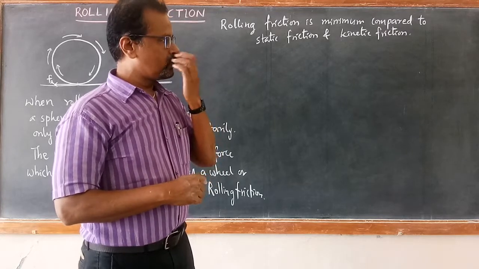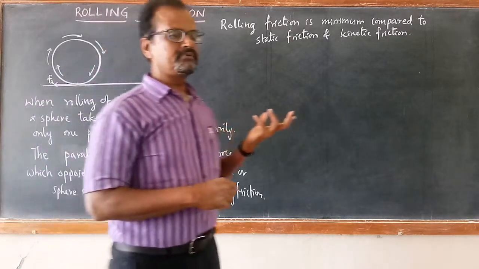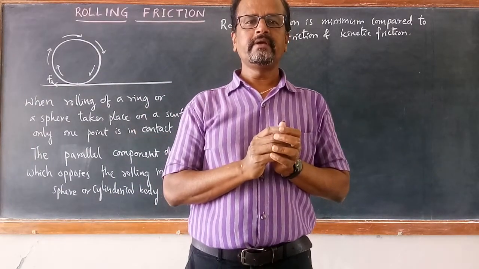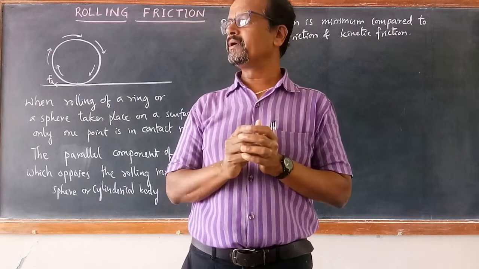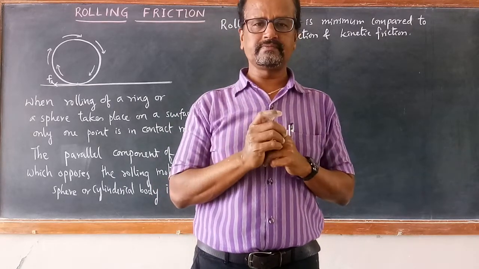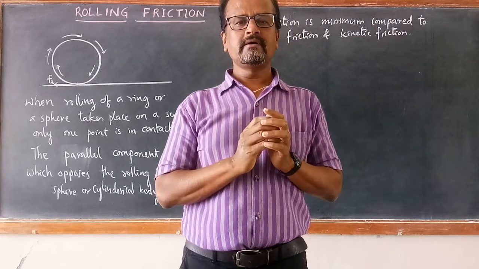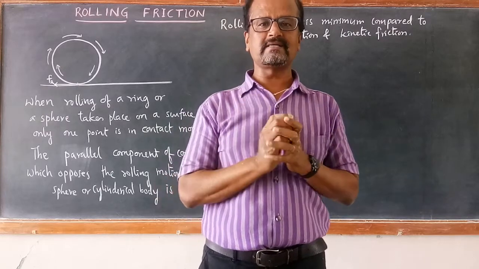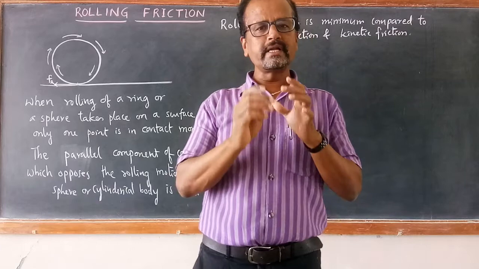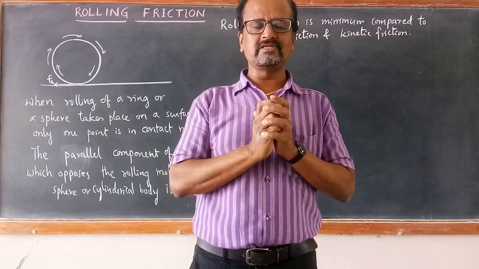Now we shall discuss how friction shows up in our day-to-day life. Friction is a necessary evil also. Friction is evil, we know. For most of the movable parts in machinery, there are so many movable parts in contact with each other.